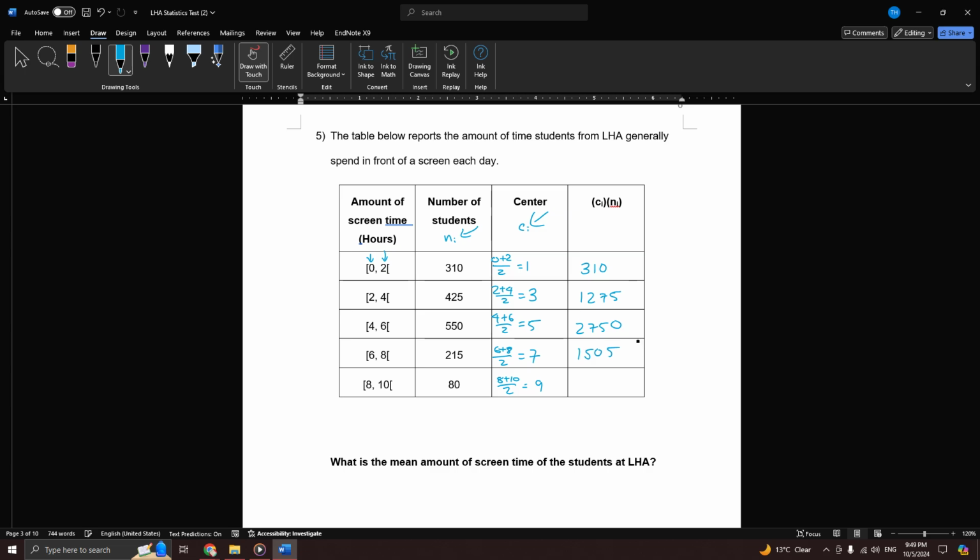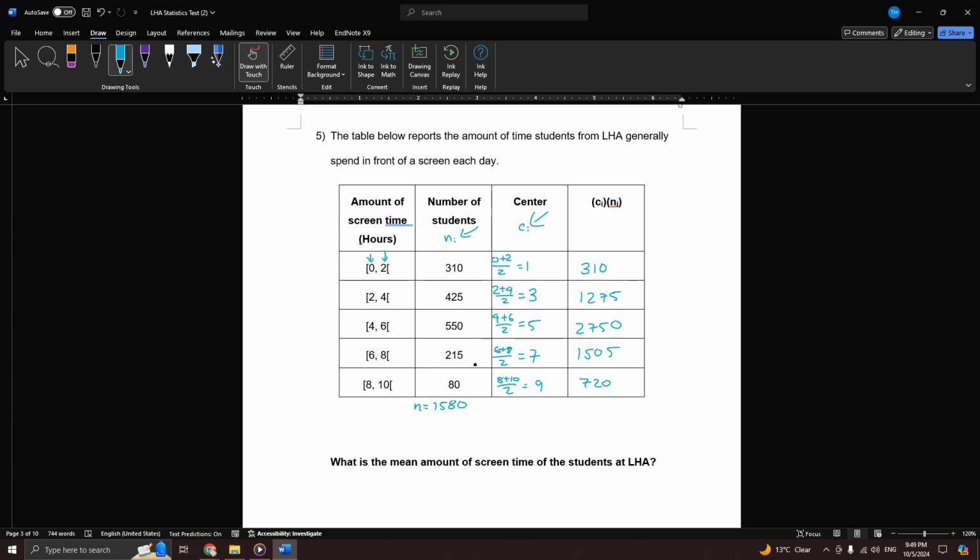And 9 times 80, that's going to be 720. So let's find the two sums that we're interested in. That's going to be n. We're going to add up all these numbers in this column. So 310 plus 425 plus 550 plus 215 plus 80, we get 1,580 students that we've sampled.